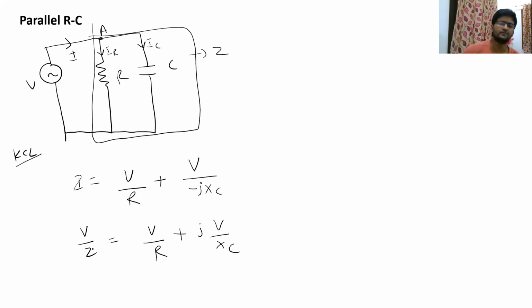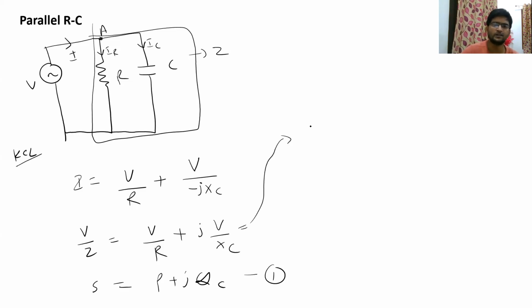Similar to the previous case, we can multiply V to both sides. So we will get S is equal to P plus j QC. In the last case, it was minus j QL. In this case, it is j QC. Let us call this equation 1. Now from here, if we take V as common and cancel it from both sides, we will get 1 by Z is equal to 1 by R plus j upon XC.